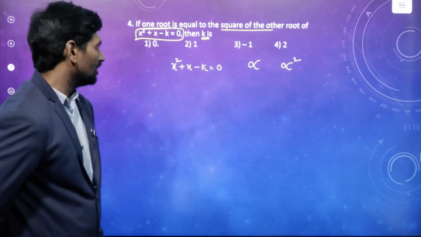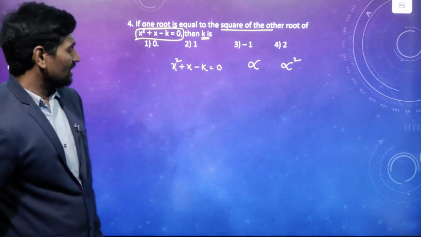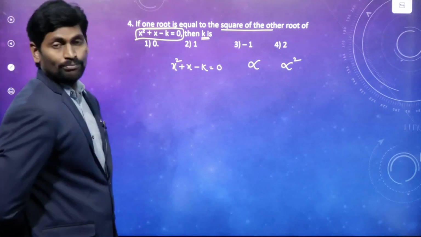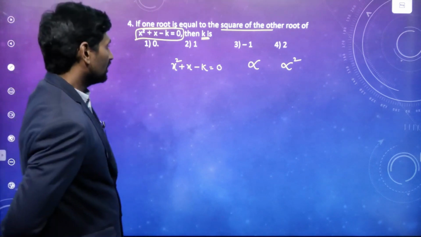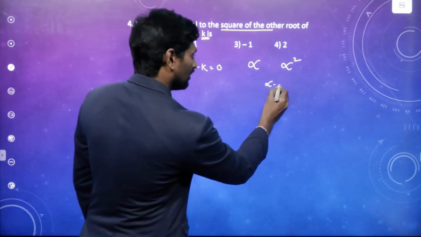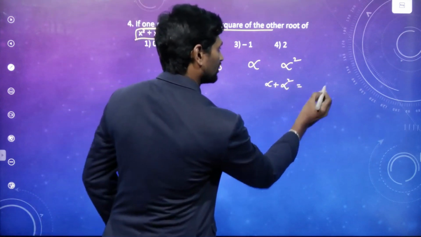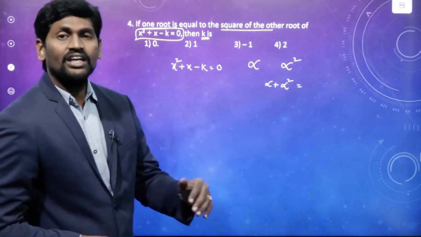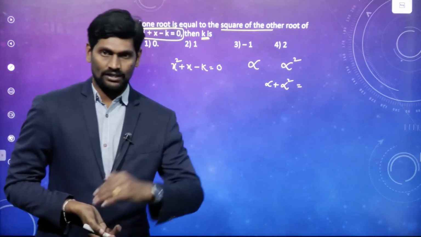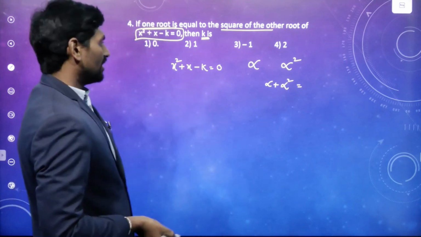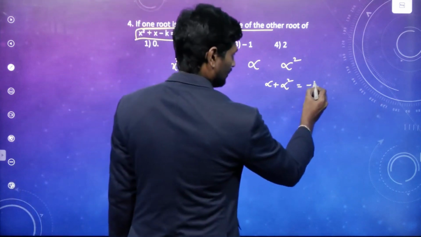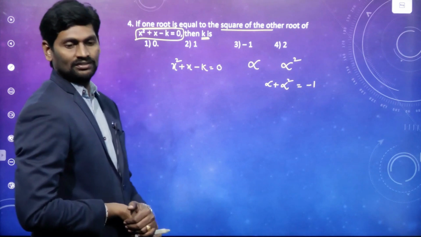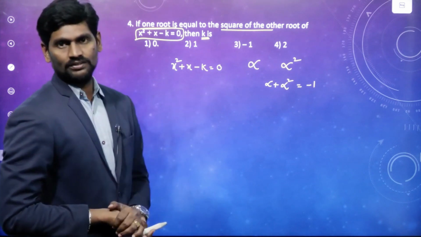Let us see the sum of roots and product of roots concept. Sum of roots, alpha plus alpha square, equals minus b by a. Product of roots is c by a. So minus b by a is minus 1 by 1, which means minus 1 only.